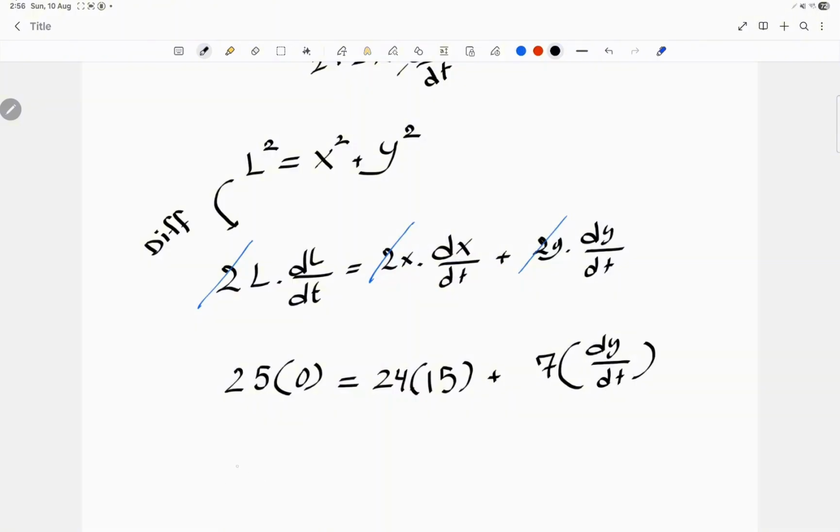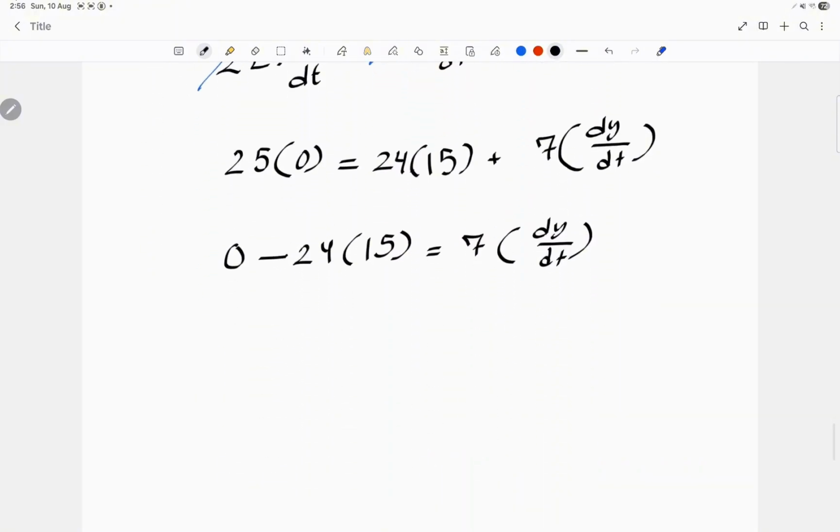So we're going to have 0 minus 24 times 15 is equal to 7 dy over dt. Now, what is 24 times 15? 360. So dy over dt is negative 360 over 7.